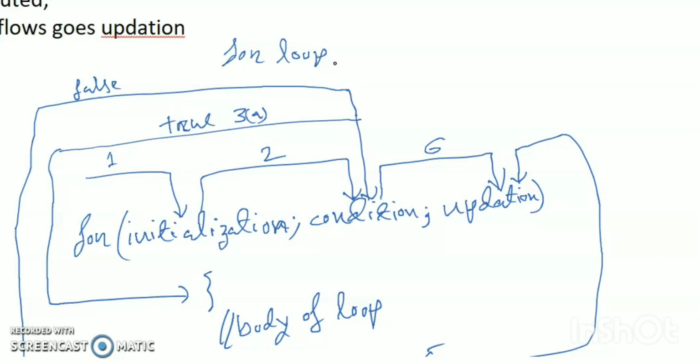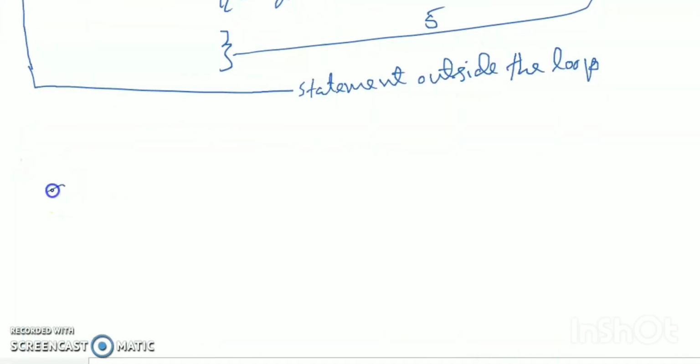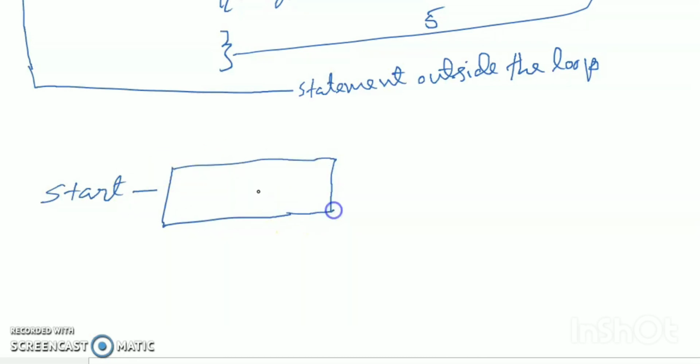And if you go to the flowchart, the flowchart starts, and after that it is initialization, then condition checking.